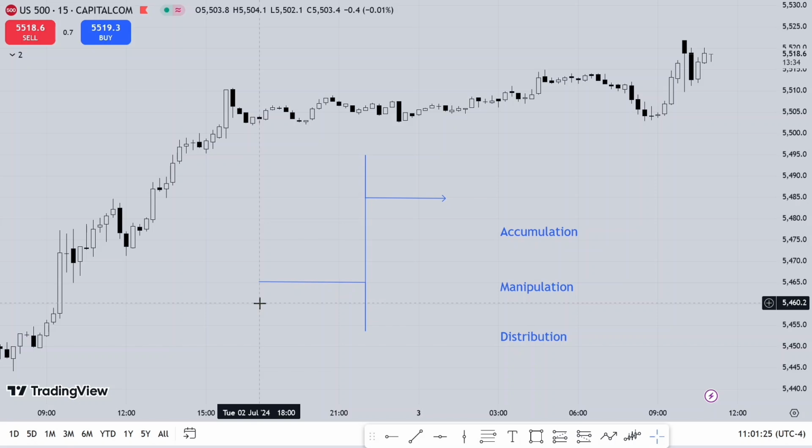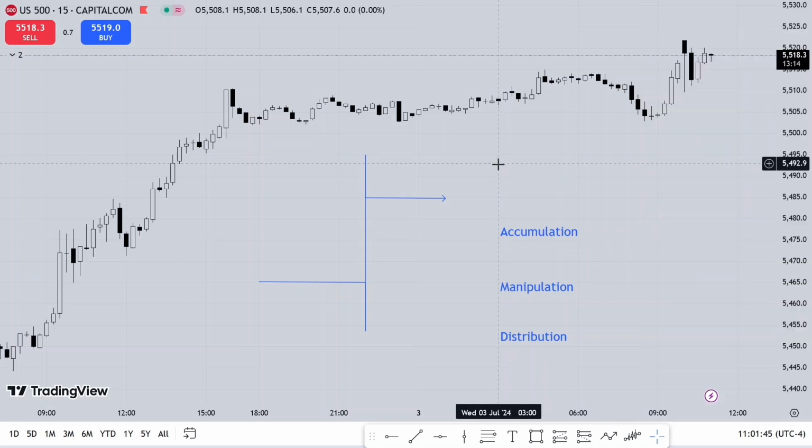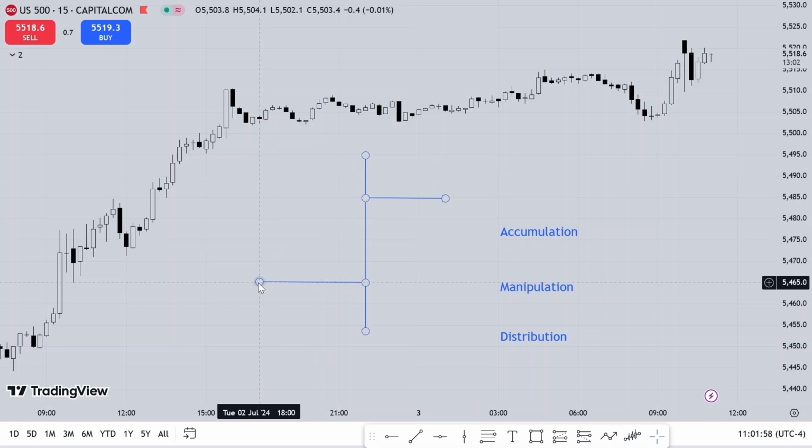Everything we are discussing in relation to time, your chart should be toggled to New York time zone. No matter where you're located on planet Earth, your TradingView chart should be toggled to New York, because the algorithm operates on New York time. I don't make the rules. That's as it's been.